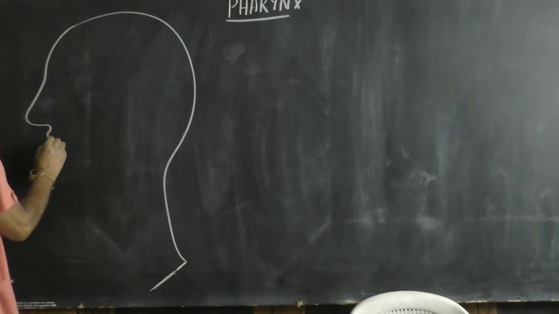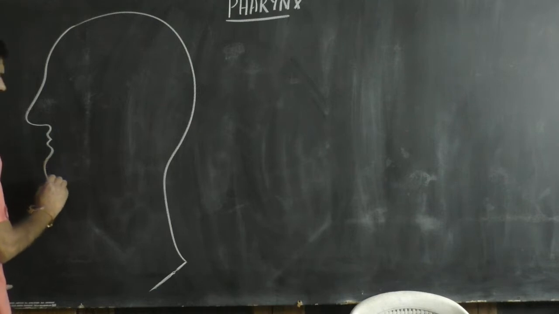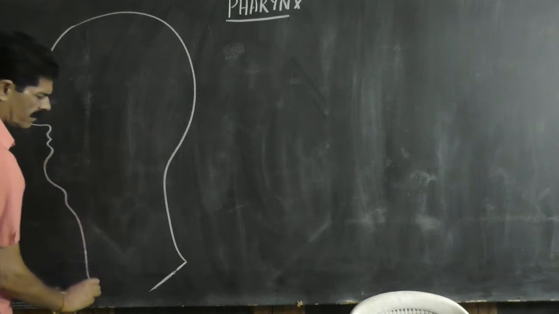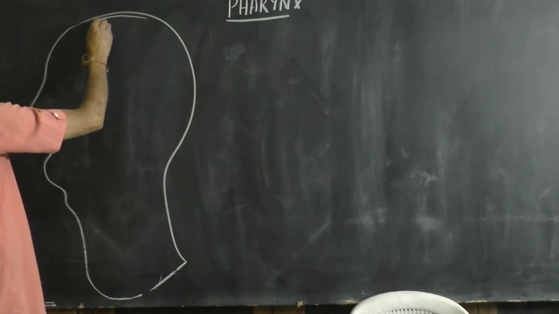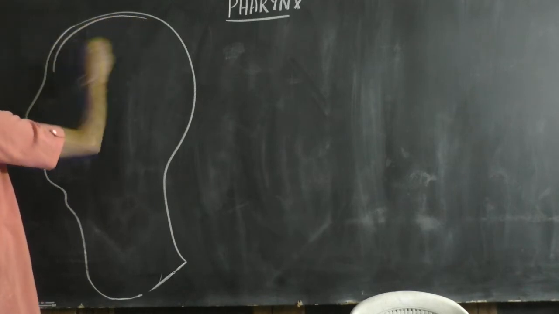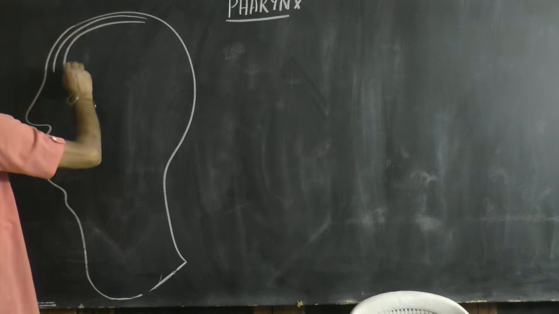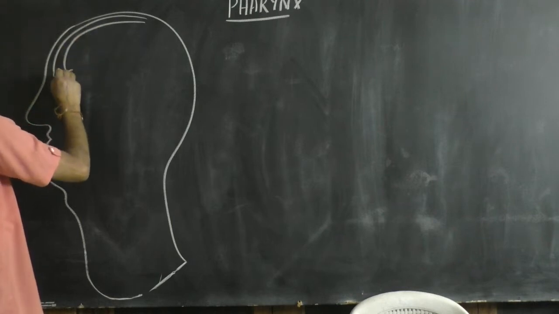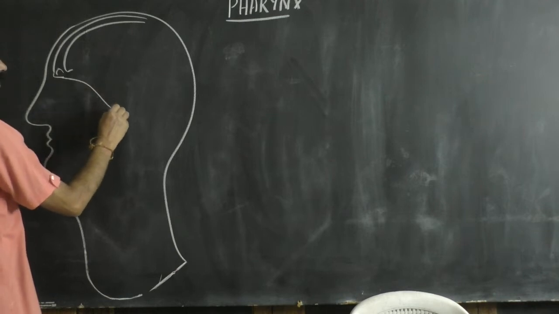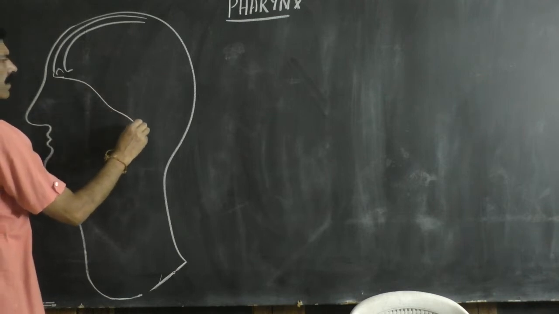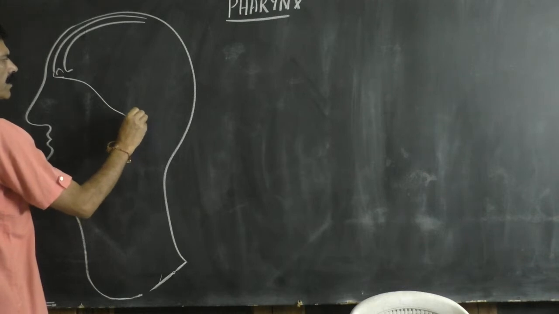Anteriorly is the face, and above there is the skull with the brain, the cranial cavity and the brain inside. This is the base of the skull formed by the basilar part of the occipital bone.